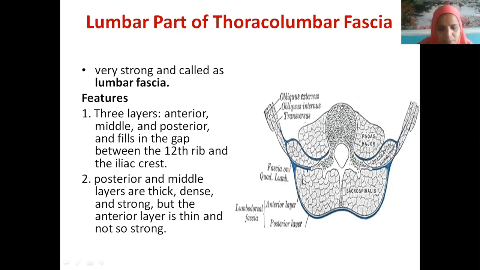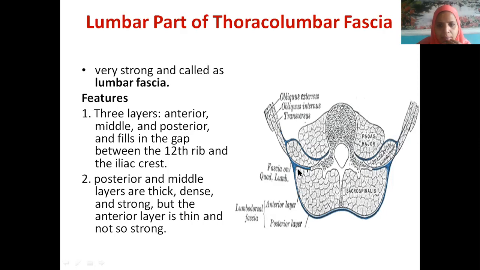Now, between these muscles, are you finding certain thickening of the fascia? This fascia is nothing but thoracolumbar fascia. This becomes the anterior layer, which covers the quadratus lumborum from the anterior aspect. Behind the quadratus lumborum is the middle layer, and covering the erector spinae is the posterior layer. So how many layers does it have? 3.